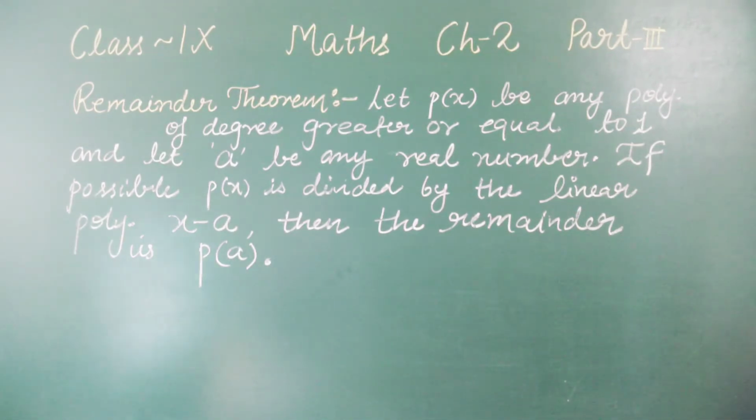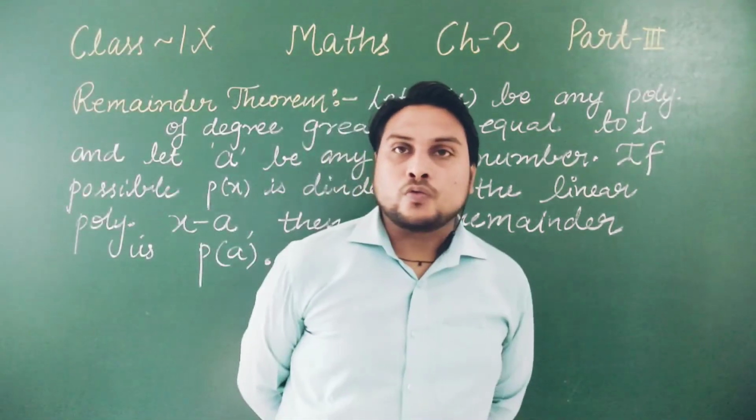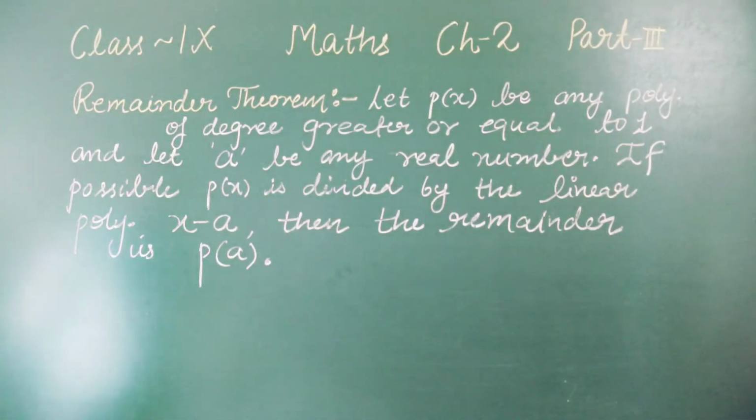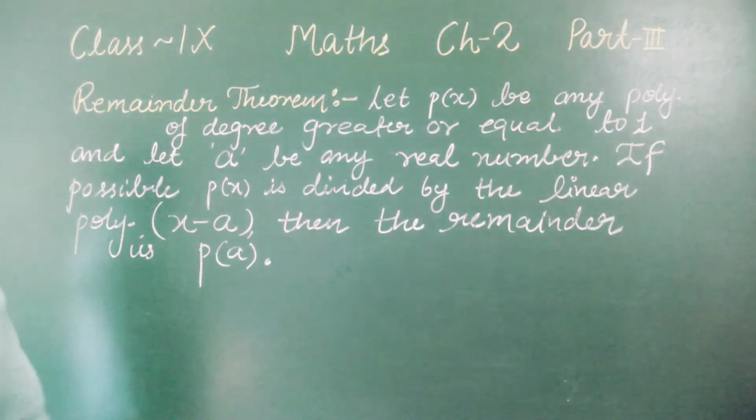What I have written: let P(x) be any polynomial of degree greater than or equal to 1, and a be any real number. If possible, if P(x) is divided by the linear polynomial x minus a.